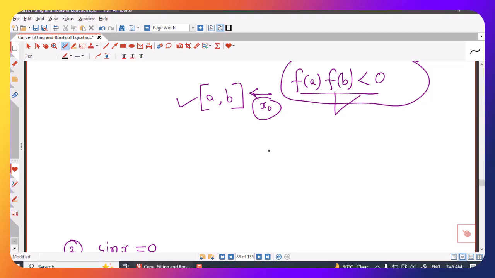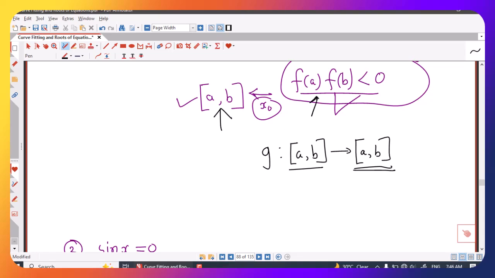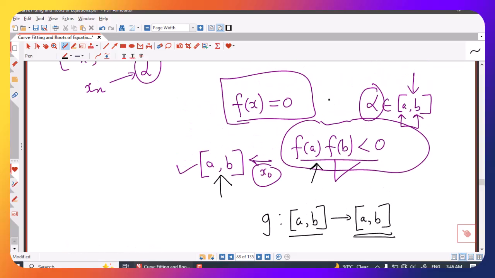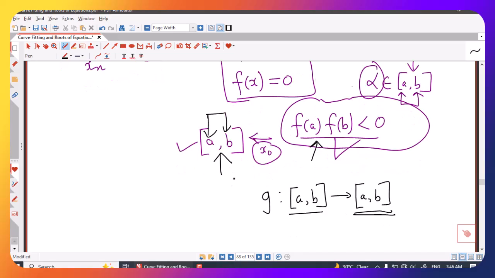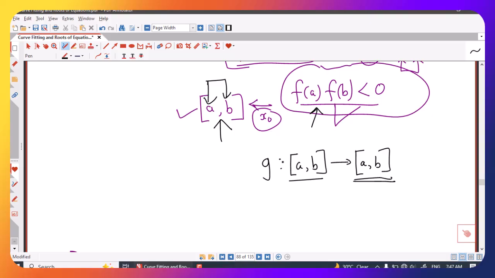First we require that our function g is defined from the closed interval [a,b] to the closed interval [a,b], and this interval is selected in this way. We will find two values of the function which are of opposite signs, and the points at which these two values are of opposite signs will construct the interval. So the iterative function g must be continuous on this interval.